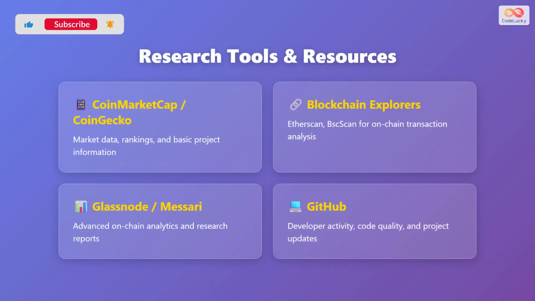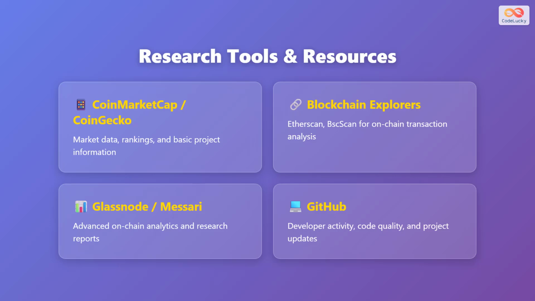To conduct thorough fundamental analysis, you'll need the right tools and resources. CoinMarketCap and CoinGecko provide comprehensive market data, rankings, and basic project information. They're excellent starting points for any research. Blockchain explorers like Etherscan and BSC Scan allow you to analyze on-chain transactions, wallet addresses, and smart contracts directly.